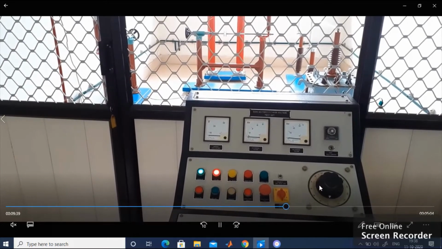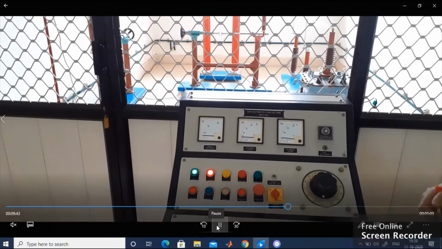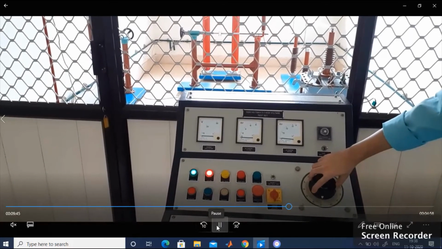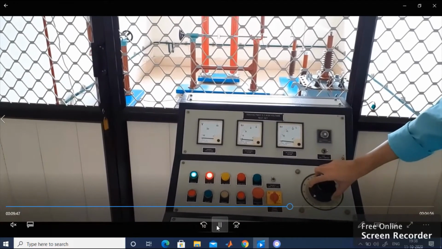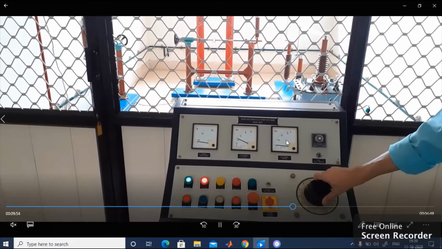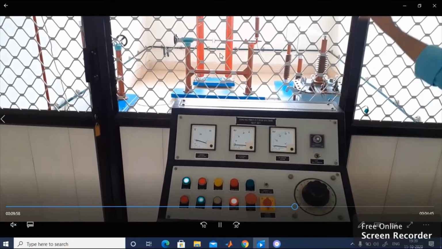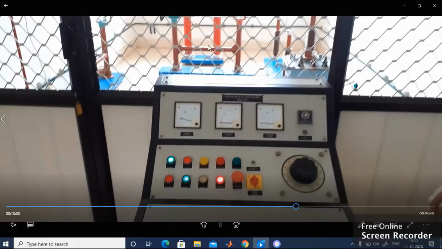Yes, I'm going to vary. You can have an observation. I keep on varying. Now you can observe when the breakdown has happened. Here you might have observed the spark.